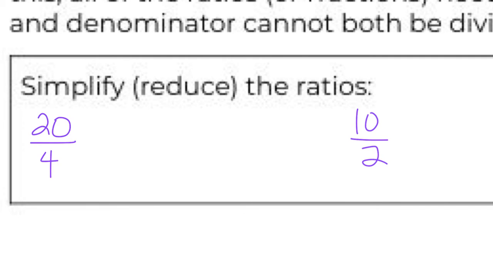Some of you might recognize that 4 divides in there. So there's many different ways to do this. But if I recognize that 4 divides in there, I can divide 20 by 4, and I can divide 4 by 4. 20 divided by 4 is 5. And 4 divided by 4 is 1. So 20/4 is equivalent to 5/1.